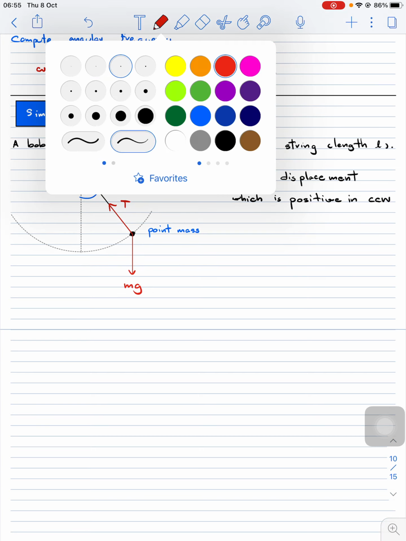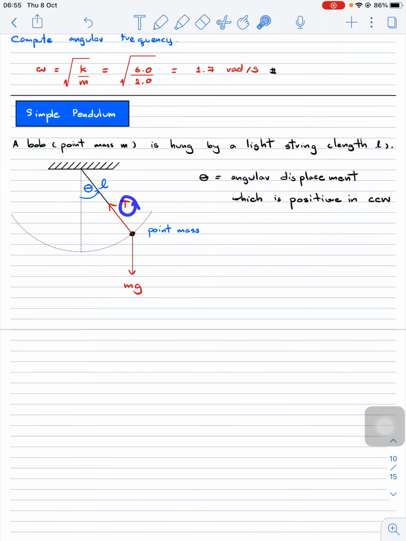For the T, it's in the radial direction already, so that's fine. But for the mg, it's not. So we need to break it into the components, this one and then this one.